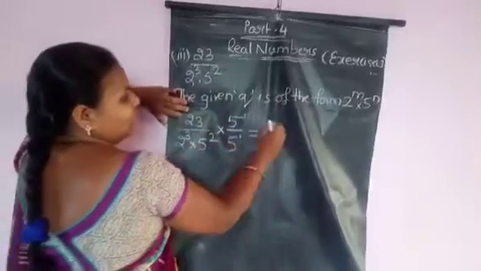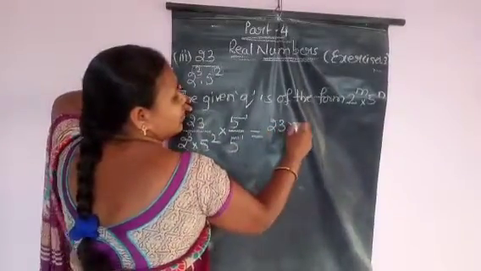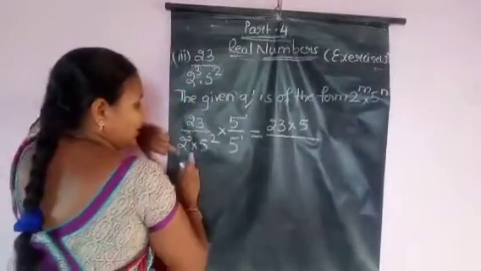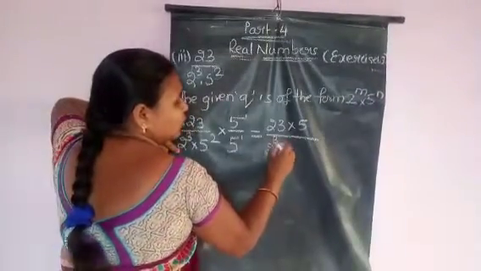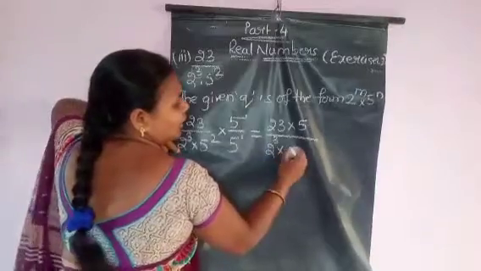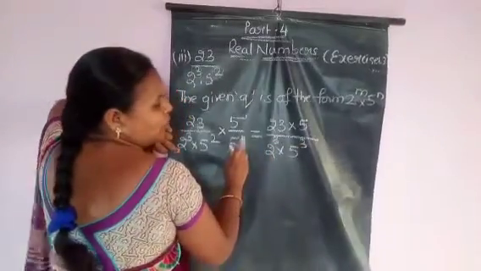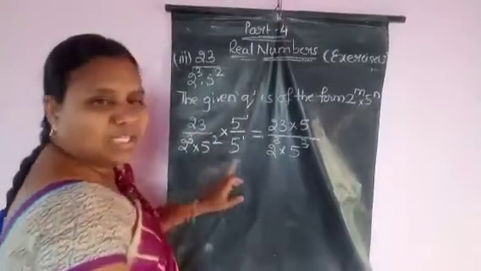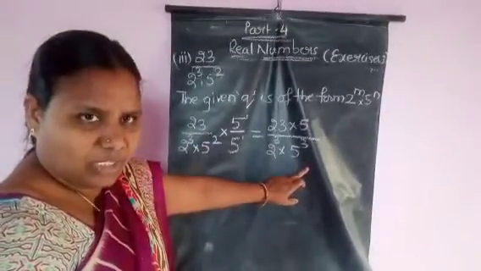Now let us write the numerator. It is 23 into 5 by denominator 2 to the power 3, 5 to the power 2 into 5 to the power of 1. It is 5 to the power of 3.